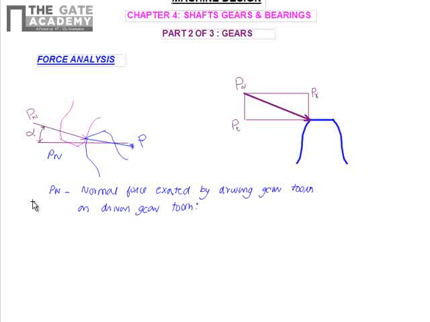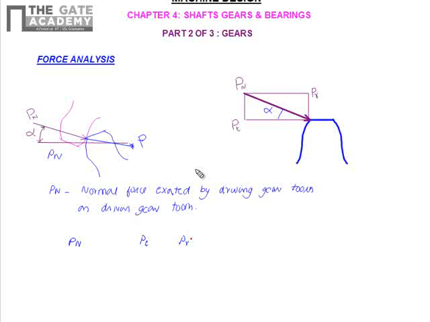And this normal force makes an angle of alpha, which is nothing but the pressure angle, with the horizontal. Therefore, this normal force will have two components, the tangential force and the radial force.